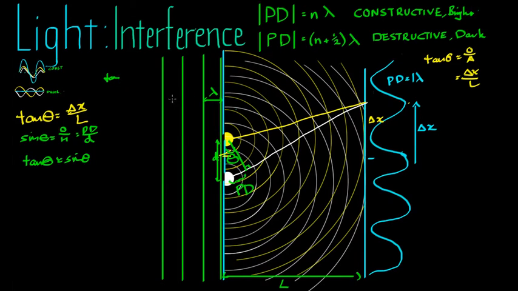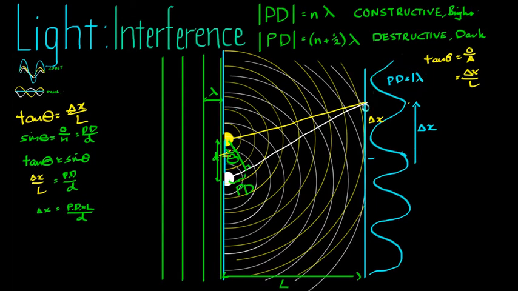But the important thing to remember is the small angle formula allows us to equate these two, and therefore allows us to equate these two. Delta x on L is equal to path difference on D. So delta x is equal to path difference times L on D.